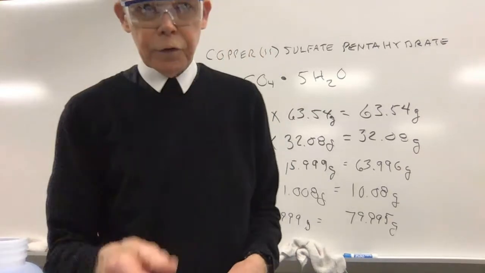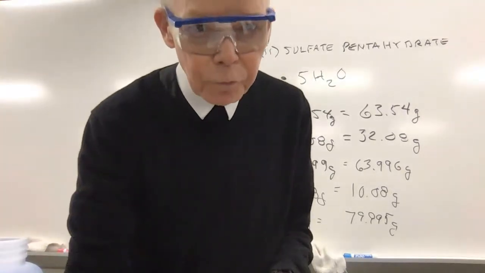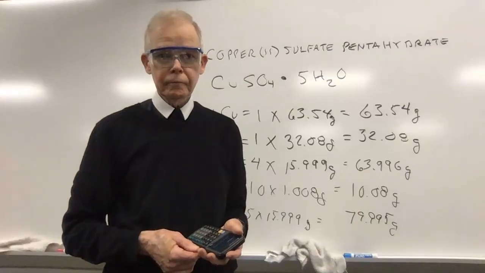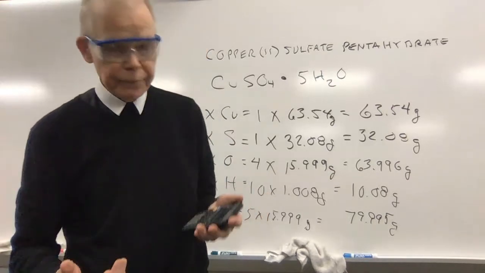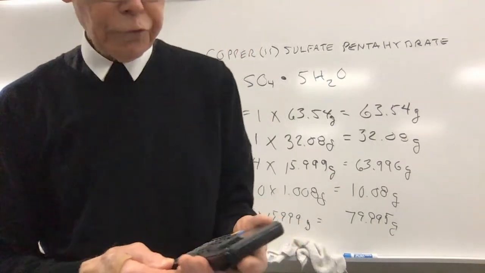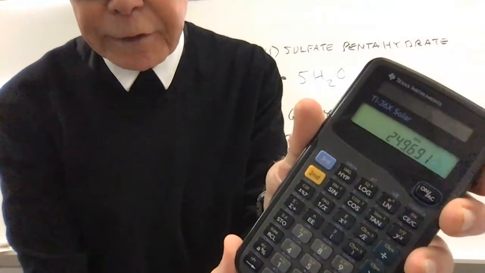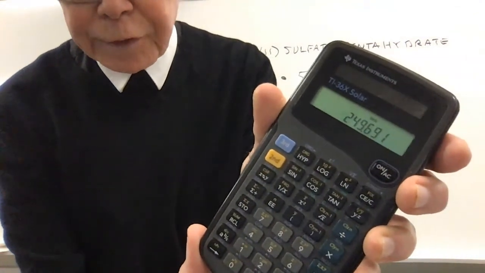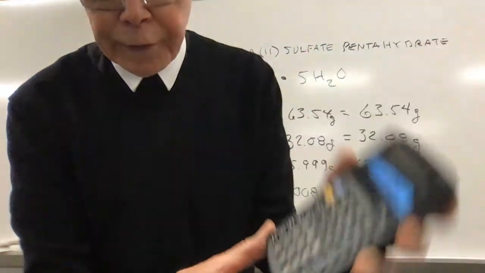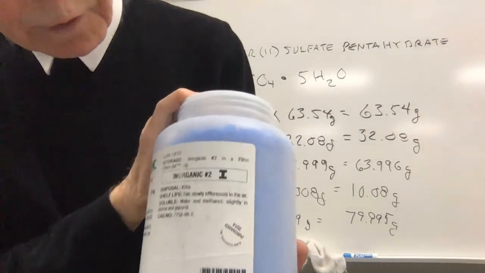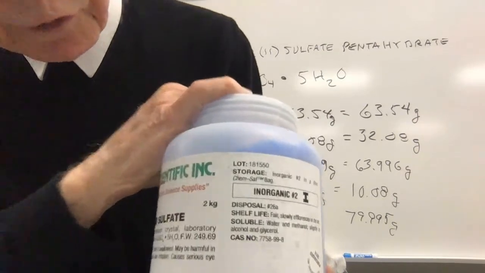So I'm going to turn off my computer just for a second here while I do that on my calculator. I added everything up. The total that I get is 249.69 as my mass. And then if I compare that to the label on the bottle, and I'll see if I can get this in the same position.